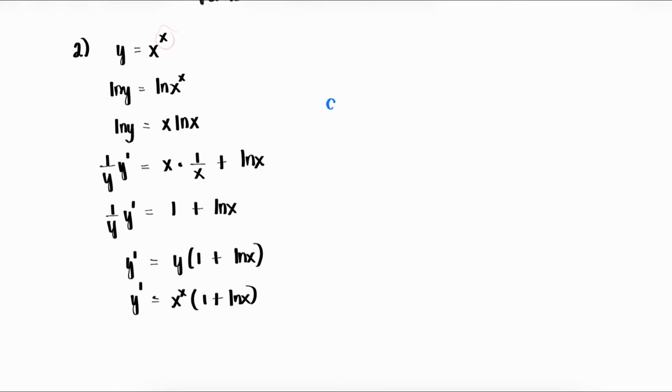So the derivative with respect to x of u to the power of v. If it's in this form, meaning the base has a variable and the exponent also has a variable, similar to this one, the formula would be equal to, you simply copy u to the power of v. As you can see, just like this, this is u to the power of v.